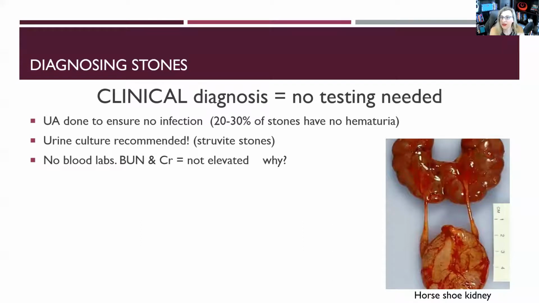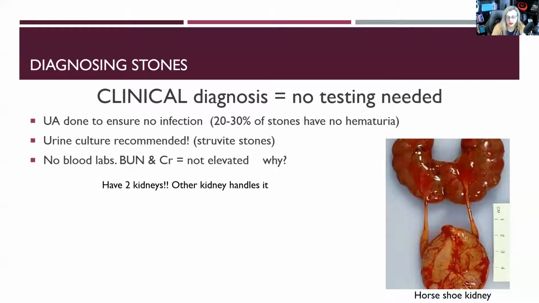I know you can do this. The answer is because we have the other kidney. The other kidney will handle the clearance when one kidney is gone. So the BUN and the creatinine is almost never elevated in a one-sided kidney stone.